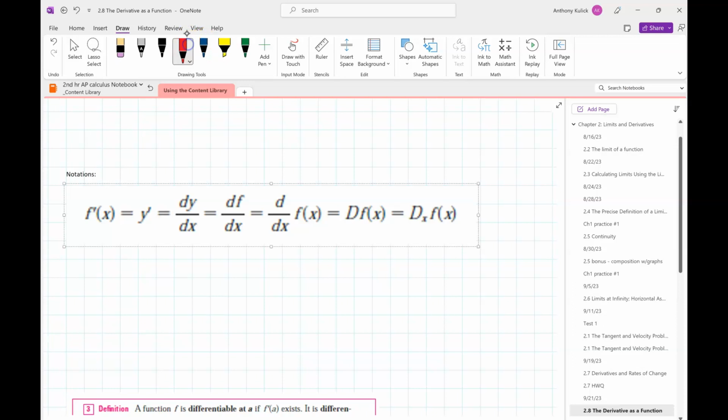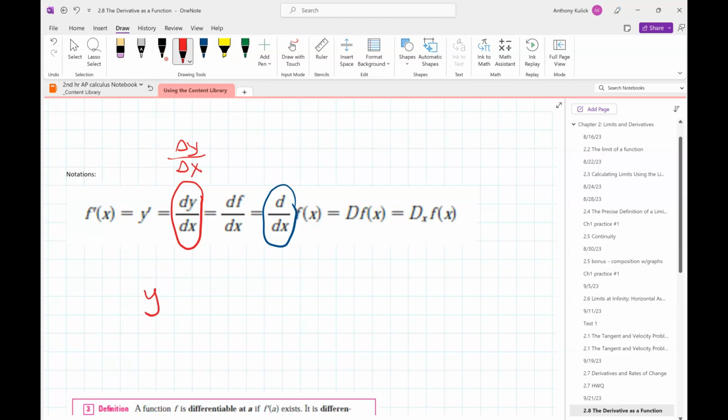But oftentimes, we're going to use this notation, dy dx. What does this kind of remind you of? Change in y over change in x, which is just slope, which is essentially what the derivative is. It's a slope function. It's a function that gives you the slope of the tangent line at every point along your function. So we use the operator d dx as our symbol that means we're doing the derivative.